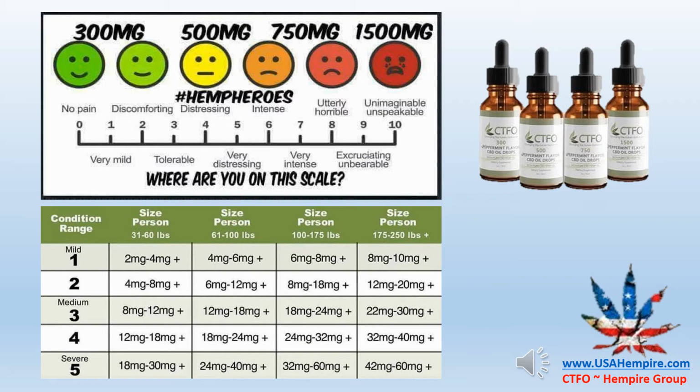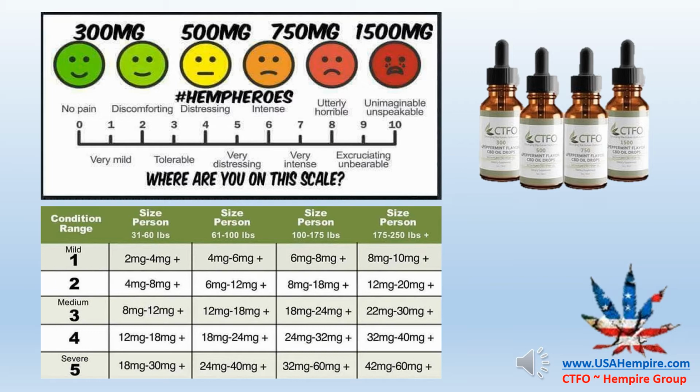So we go down to level 3, and we cross all the way over to the far right column. That would recommend that my body would do best with 22 to 30 milligrams. So let's just focus on the 30 milligram number, because I happen to know that's a good number.